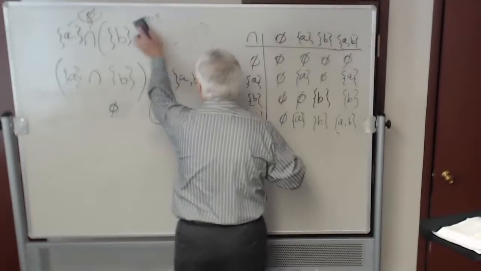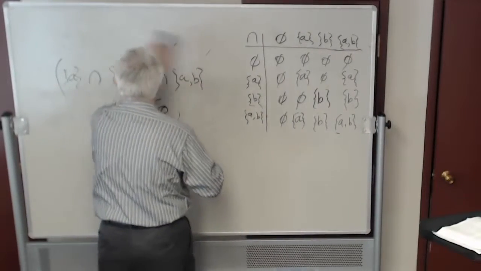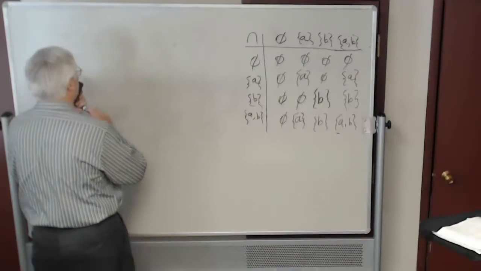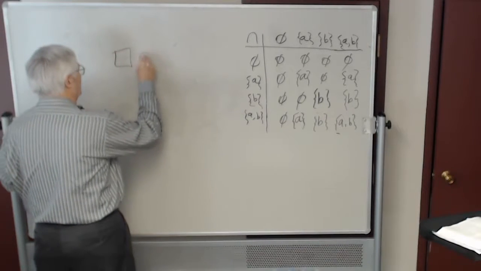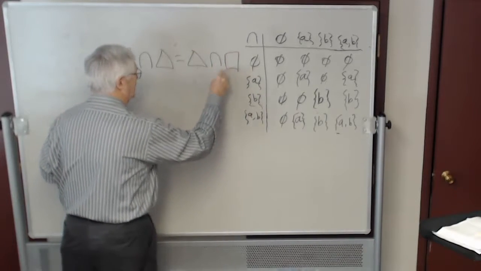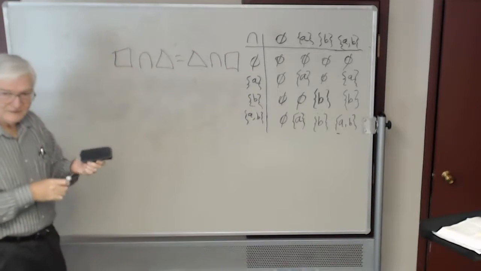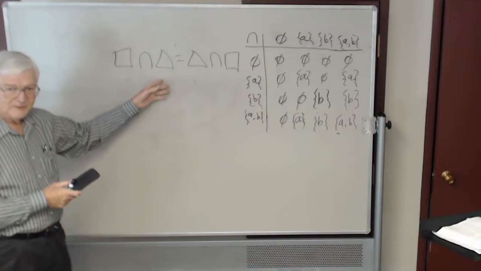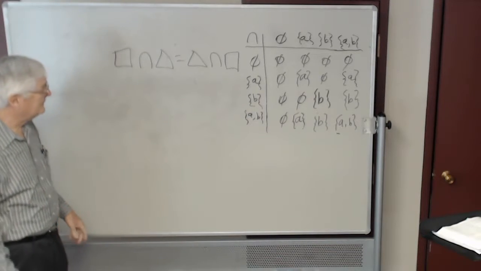Is this operation commutative? That is, does that make sense? So that's when I'm putting boxes and triangles up here, empty places.